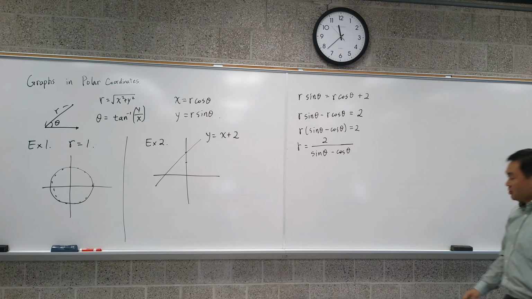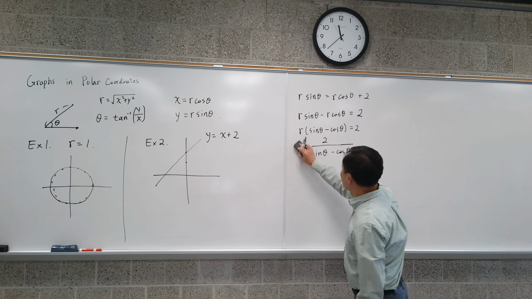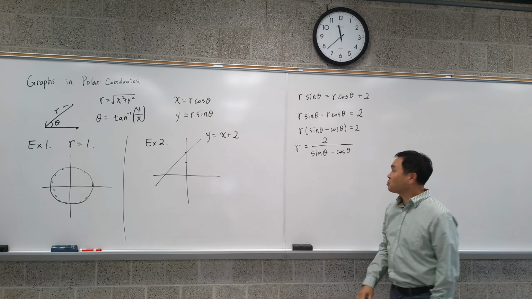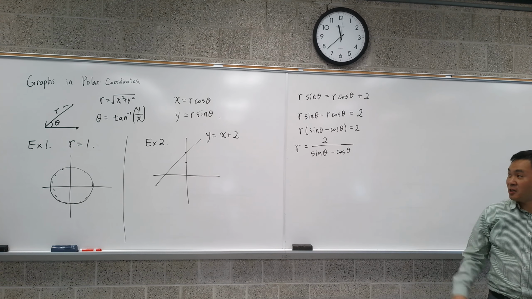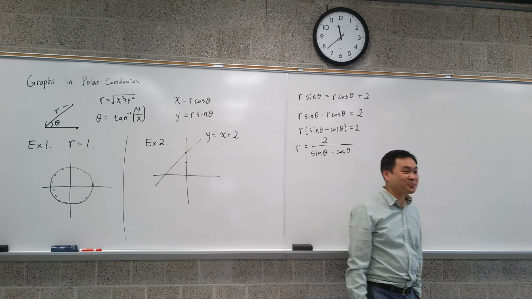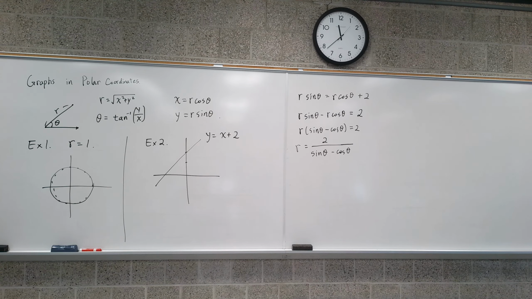Okay, so you have this very weird looking formula in the polar coordinate system, which is equal to y equals x plus 2. Okay?